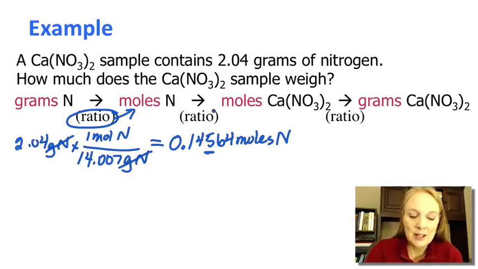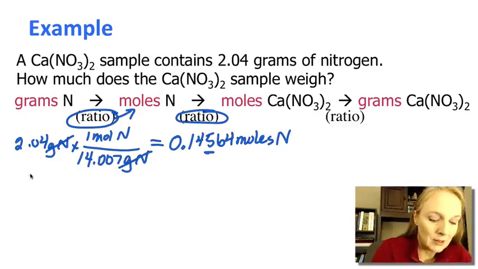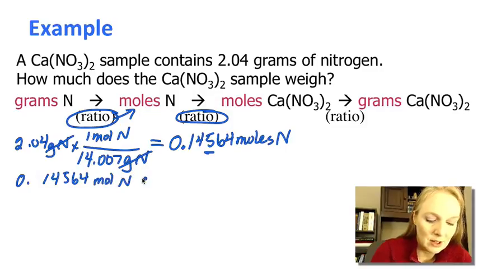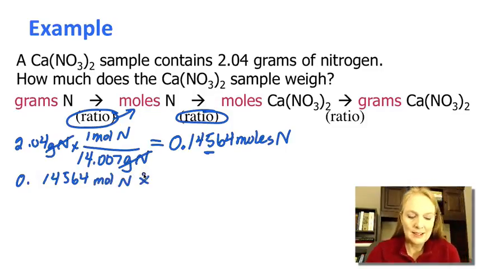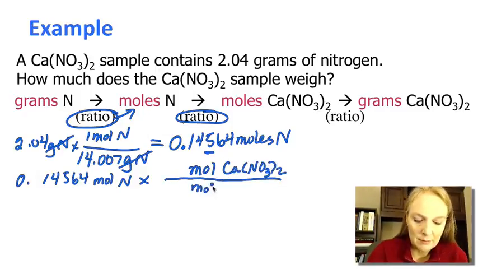The next ratio I need to use is to convert from moles of nitrogen to moles of calcium nitrate molecules. So let me start with my moles of nitrogen, 0.014564 moles of nitrogen. And let's see, I want to have moles of calcium nitrate, so I'm going to write that on the top, moles calcium nitrate. And I'm going to write moles of nitrogen on the bottom.